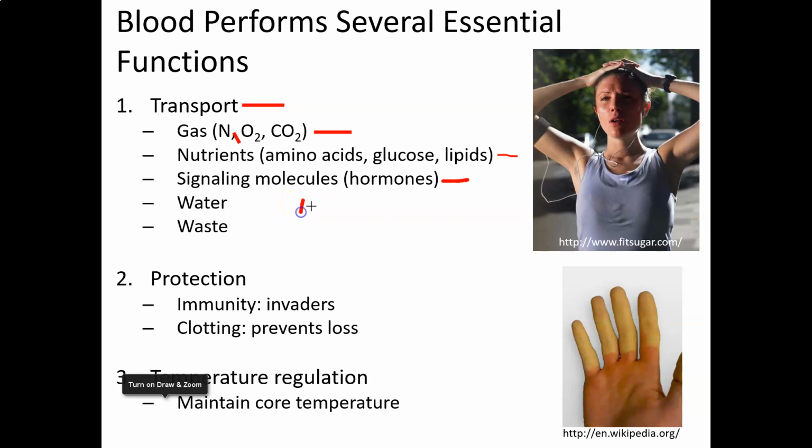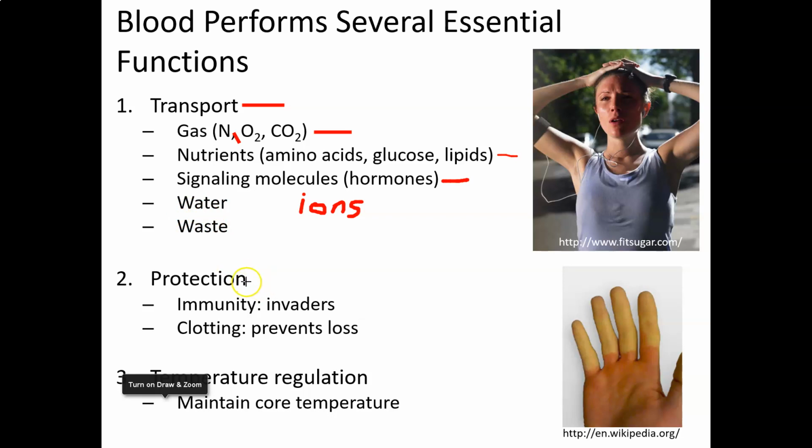Ions would be important for sodium, potassium, calcium, chloride. Waste products like urea, ammonia, other things like that. Hydrogen ion potentially, so H plus, also goes in the ions. And we transport water. Water is important for cells, and we do that.